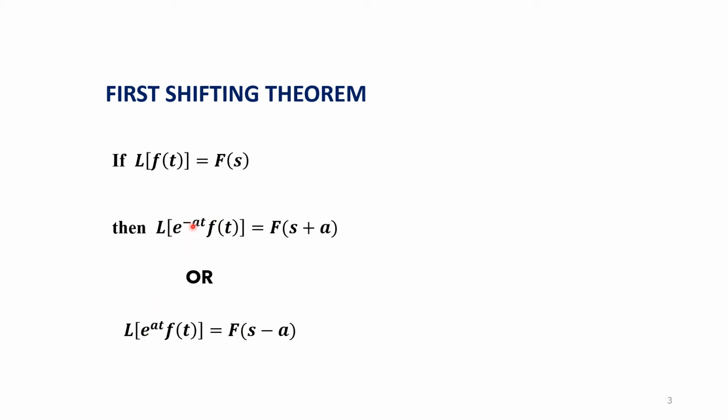If e raised to minus at is given, replace s by s plus a, and if e raised to at is given, then replace s by s minus a. So our aim is to calculate the Laplace transform of the function other than e raised to minus at. Whatever answer we get, replace s by s plus a or s minus a.